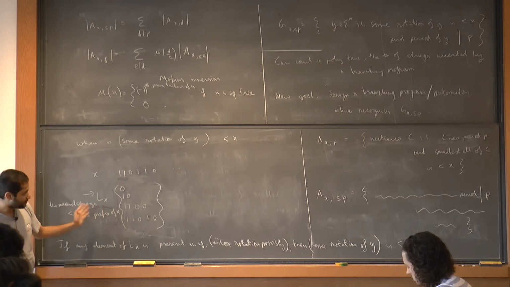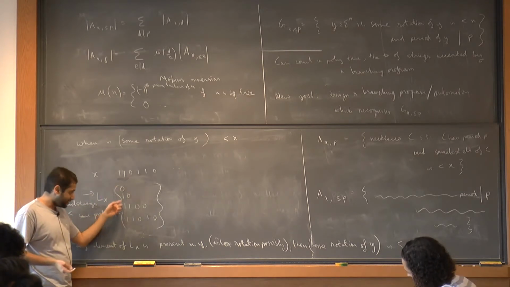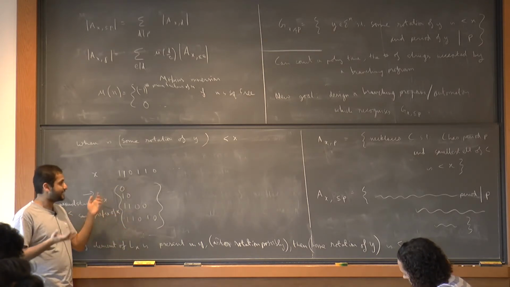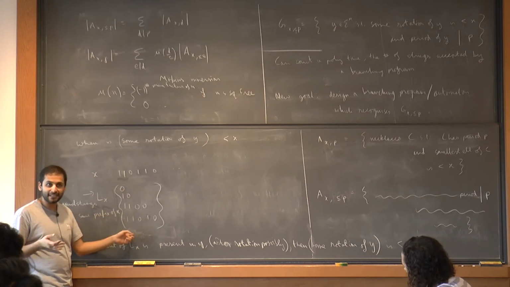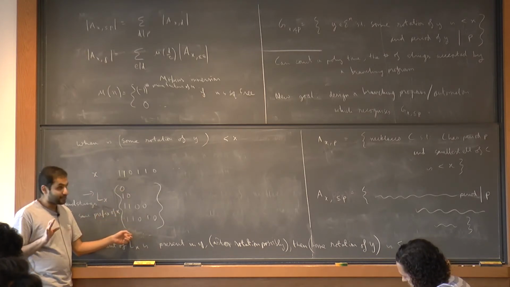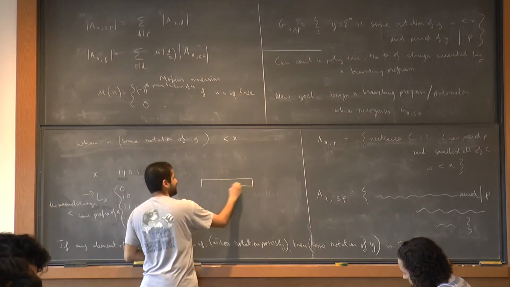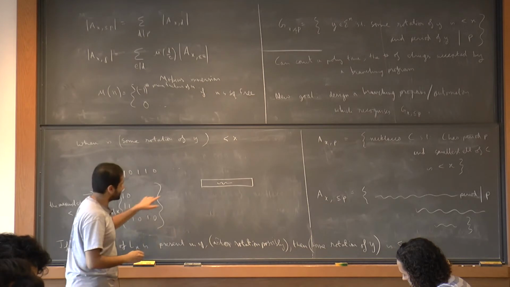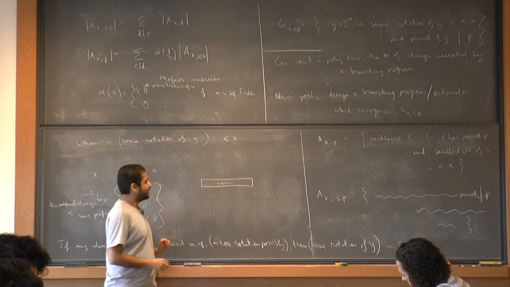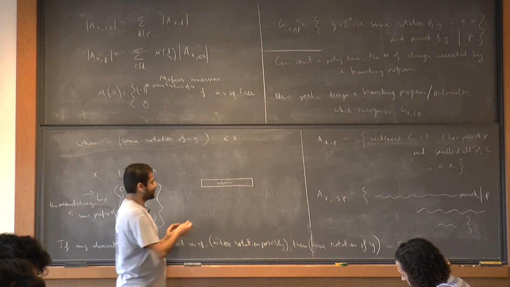Good. So we want to design a read once branching program that reads in y and detects whether any of these strings is present as a substring of y, but possibly with wraparound. If y is here and you found one of these strings over there, then great, and presumably you could do this easily.